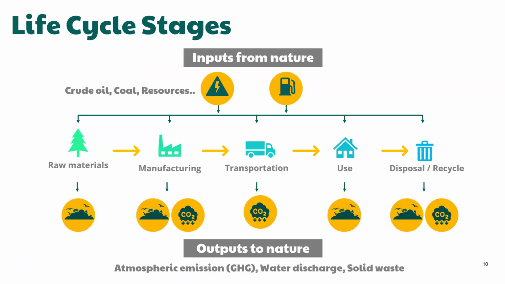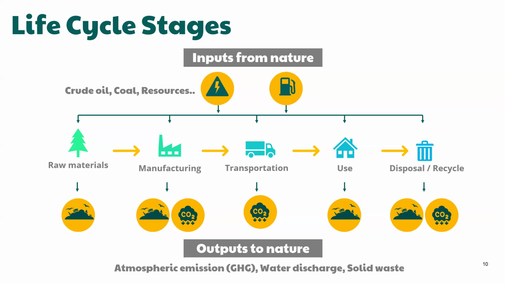Moving forward, we have got a very nice graphic here, and let's dig into the different life cycle stages in detail. As you can see from here, the stages include raw material extraction, manufacturing, transport, use, disposal, and recycling. So to conduct an LCA study, it is crucial to understand the inputs from nature.